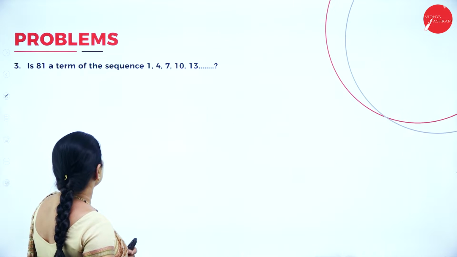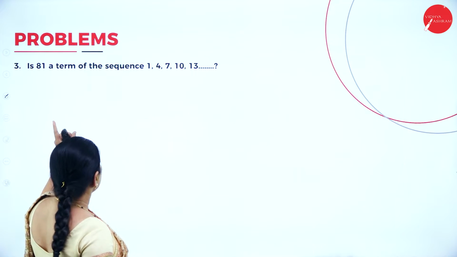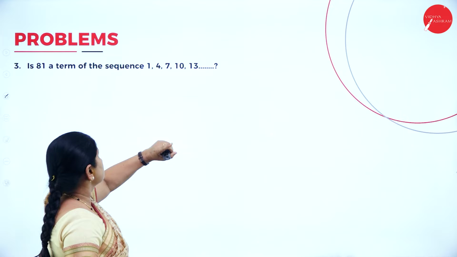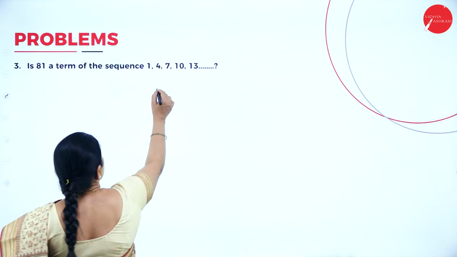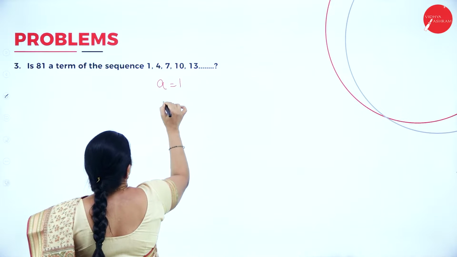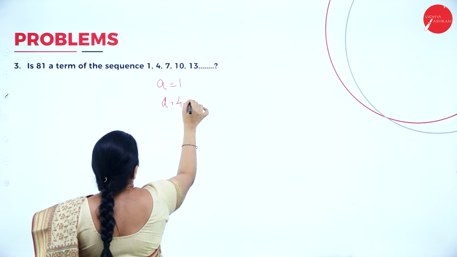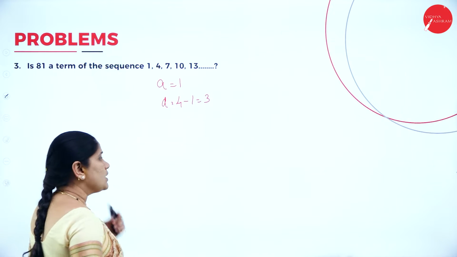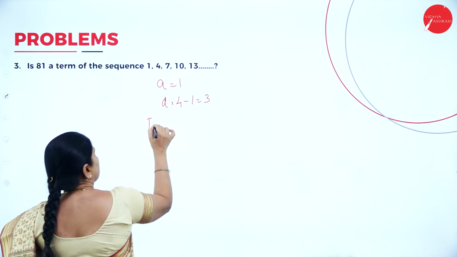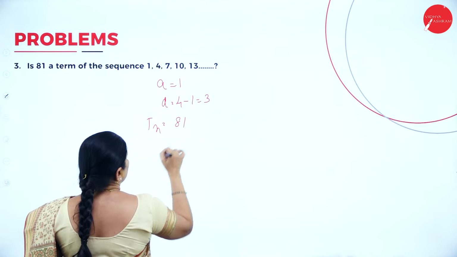Now, next problem: is 81 a term of the series 1, 4, 7, 10, 13? Now, what is A here? A equals 1, D equals 4 minus 1, that is 3. Now, what is the given term? Tn equals 81.